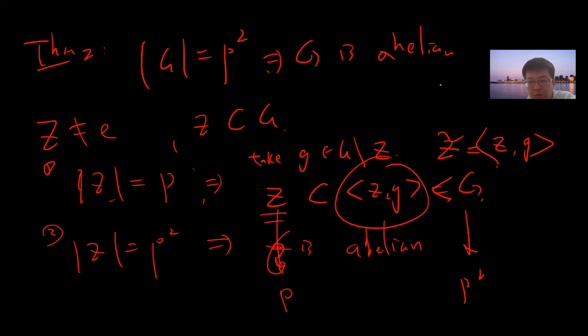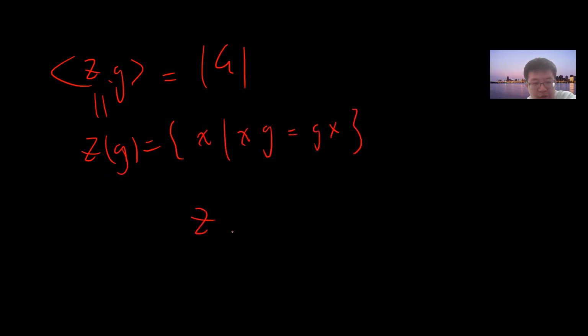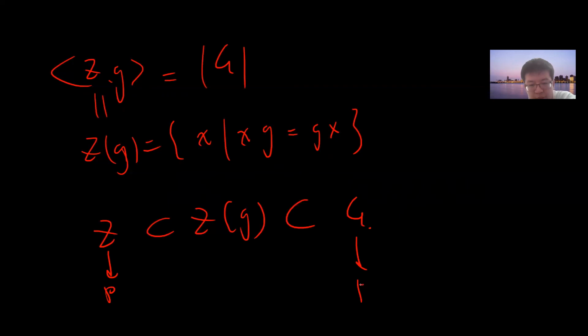Okay, so let me explain what Z(g) means. Sorry, this should be written as Z(g), but it is all the elements that commute with g. So let's ensure that we have Z(g), Z, and G. This is p, and this is p squared.